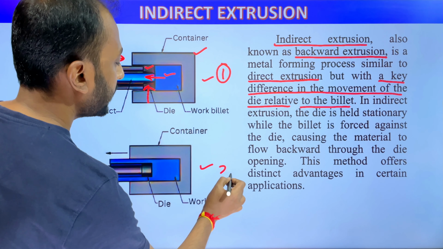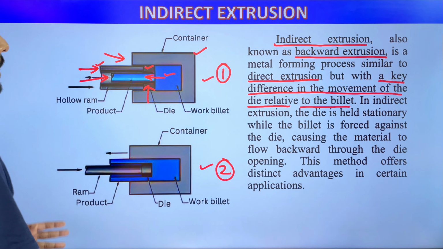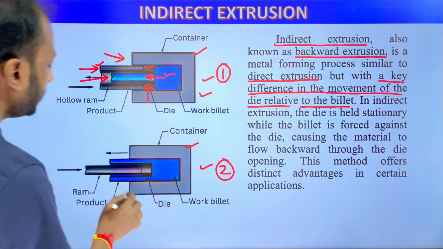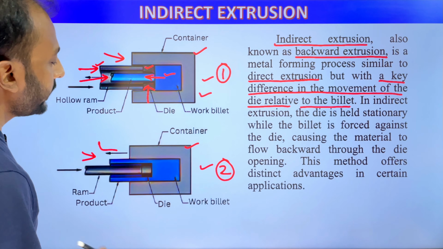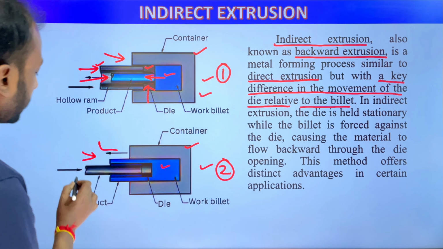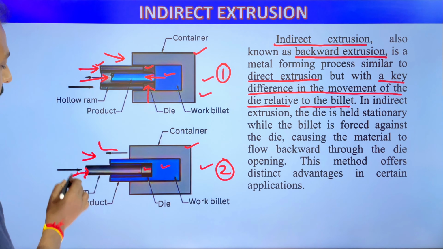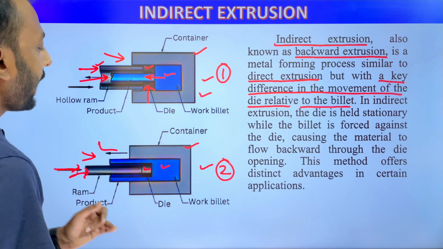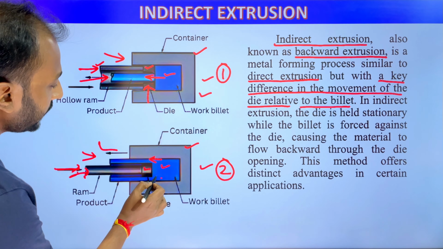This is the second figure. This is also an indirect or backward extrusion process, but slightly different from this one. This is the container, also a one-side open, cylinder type container. This is the metal billet, this is the ram and this is the die. When the ram applies force on the metal billet, the metal billet comes out through this way and this way.